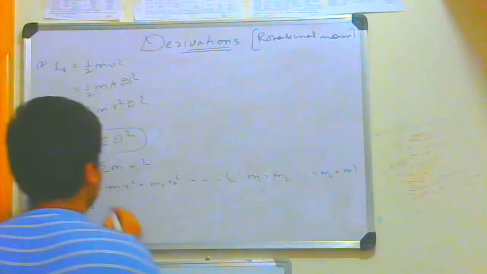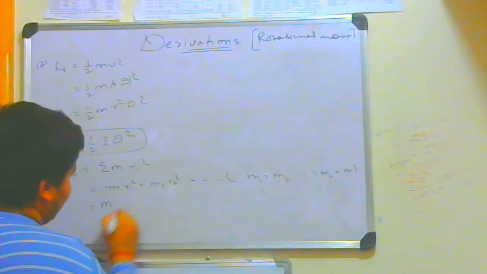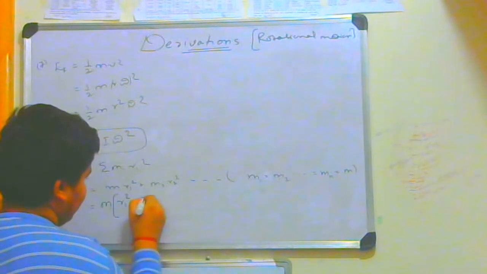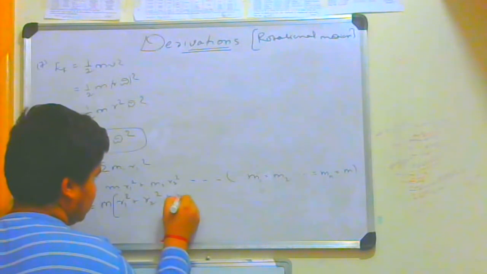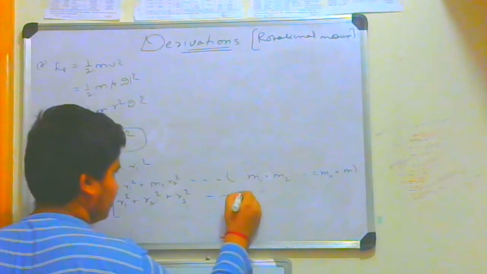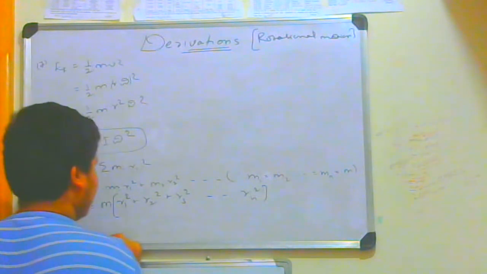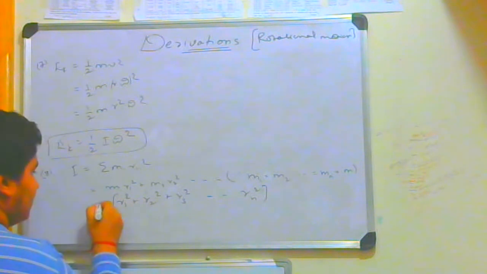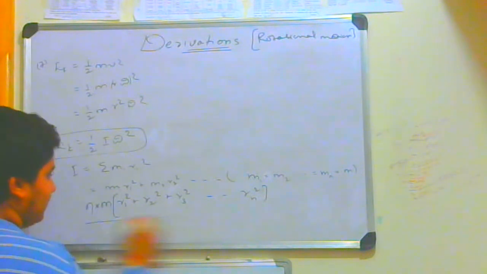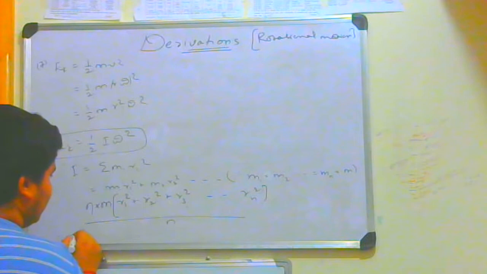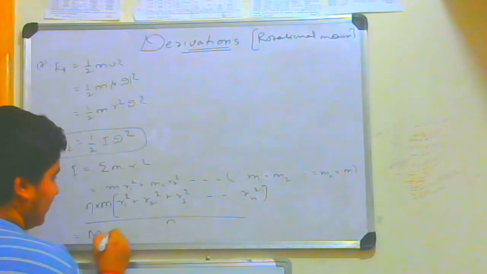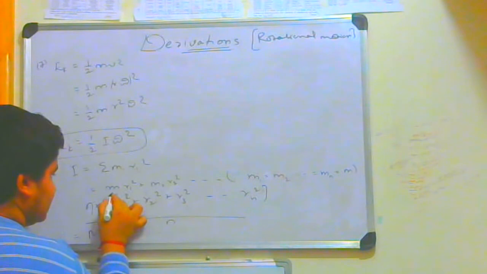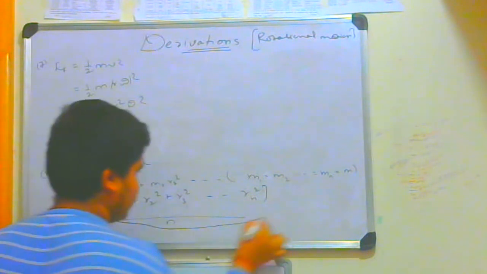Okay, then I'll get m times r1 square plus r2 square plus r3 square so on until rn square. Now इसको आप multiply and divide by n, that is number of particles. So n से multiply करो और n से divide करो. So I'll get capital M, that is total mass, और ये पूरा जो टर्म है, that is this term.